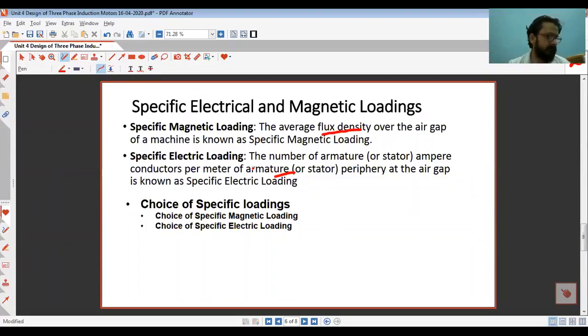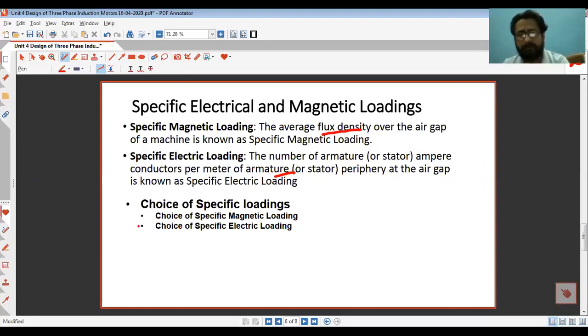If you increase the specific loading, it may have its own consequences, like saturation and iron losses. By increasing the specific electric loading, because the current increases, you may have more heat losses, that is, I square R winding losses basically.